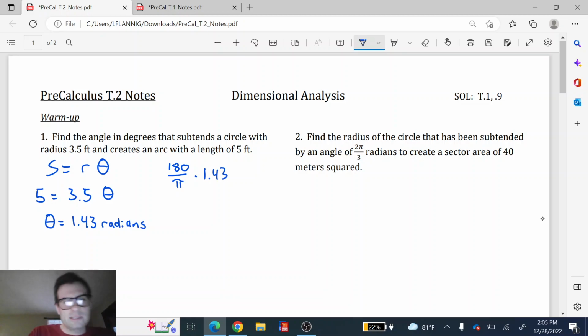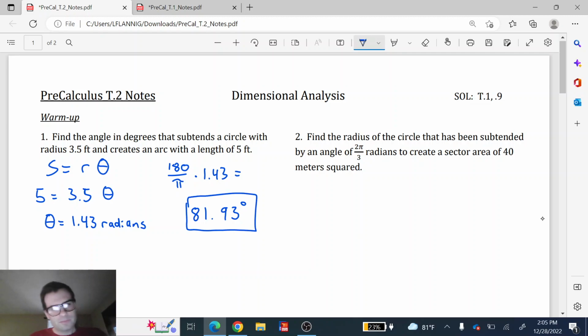So we're going to multiply these together. I'll grab my phone to do this quick calculation, and you can do the same. We just do 180 times 1.43, and then divide that number by pi. This will give us roughly 81.93 degrees.